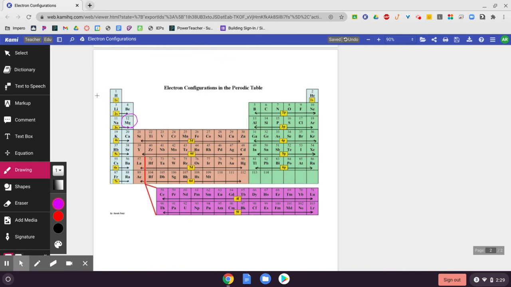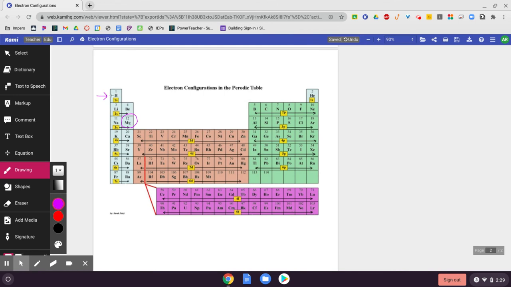So we always start in the first row in S block. So we start with hydrogen and we're going to go row by row, reading across the table and write our configuration. For every element that we pass through, we add another electron.